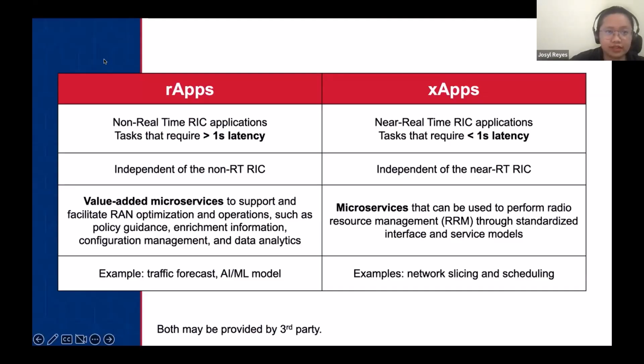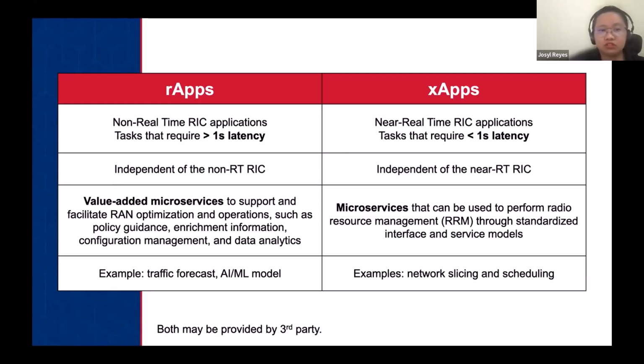The rApps are the tasks that are hosted at the non-real-time RIC. When you hear non-real-time RIC, it means at least greater than 1 second latency. And this is independent of the non-real-time RIC, although it's hosted there. The rApps are value-added microservices to support and facilitate RAN optimization operations, like policy guidance, enrichment information, configuration management, and data analytics.